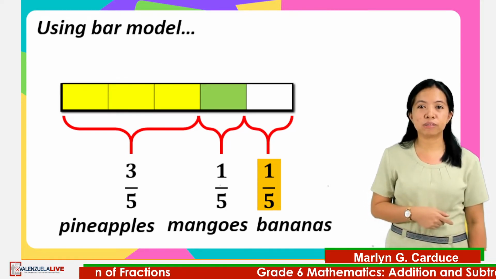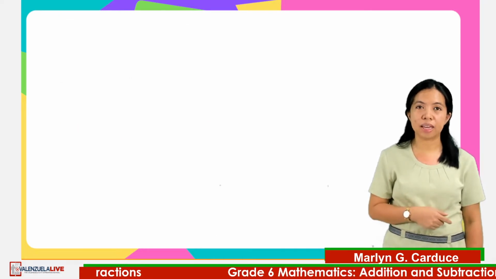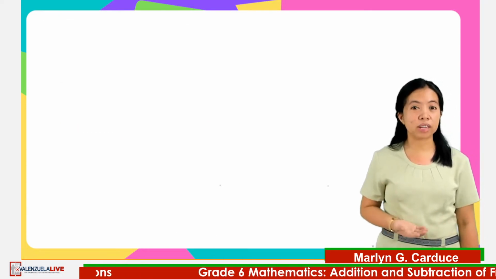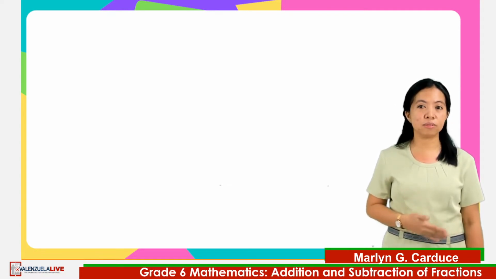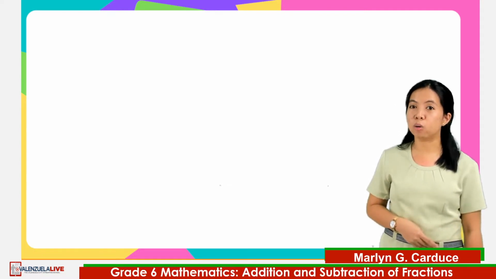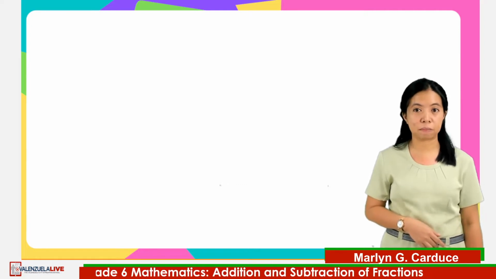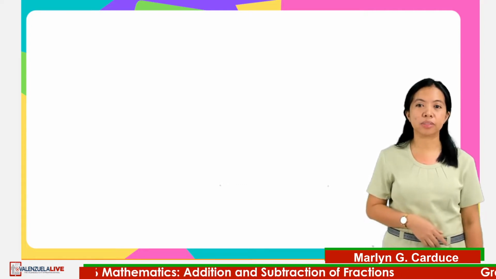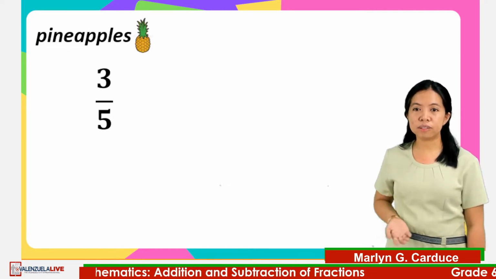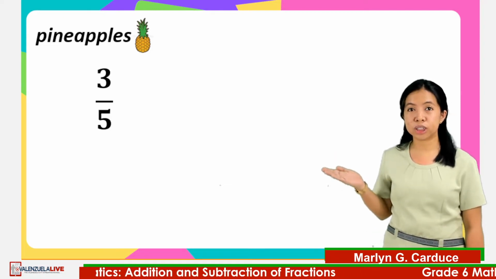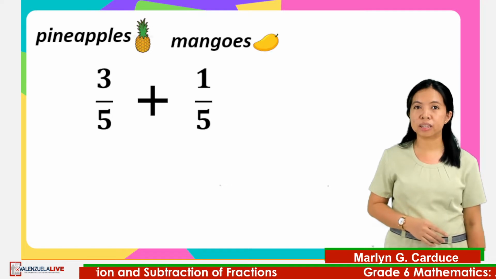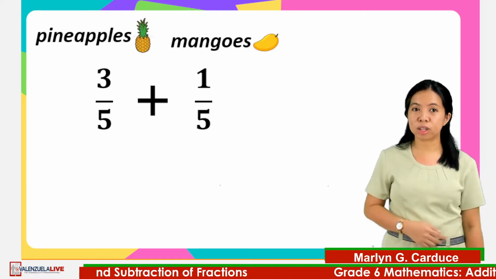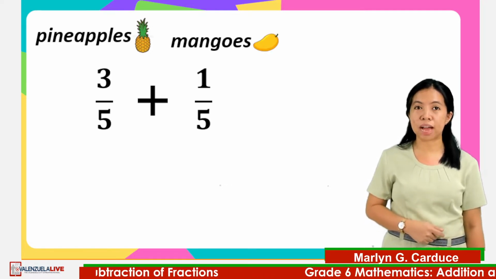We can also solve it this way by adding the total fractions of pineapples and mangoes, then subtracting it from 1 or 1 whole. So let's try. 3/5 of the fruits, which are pineapples, is added to 1/5 of the fruits, which is mangoes.